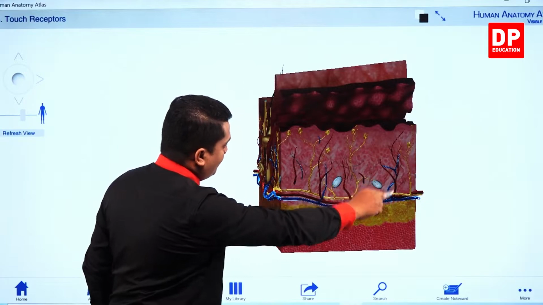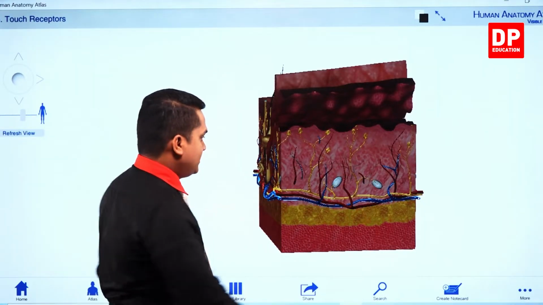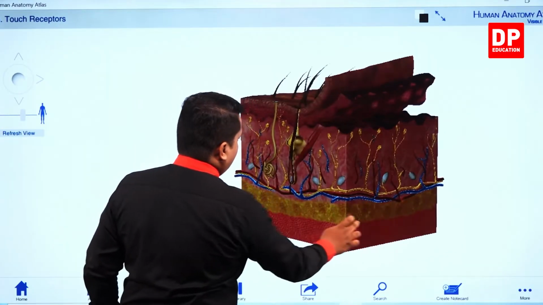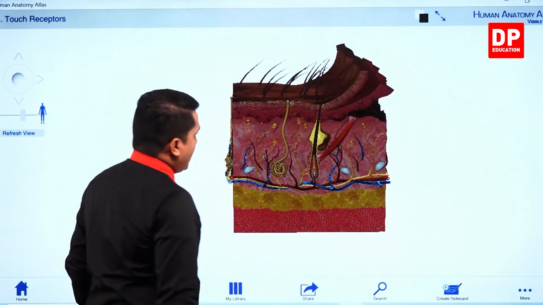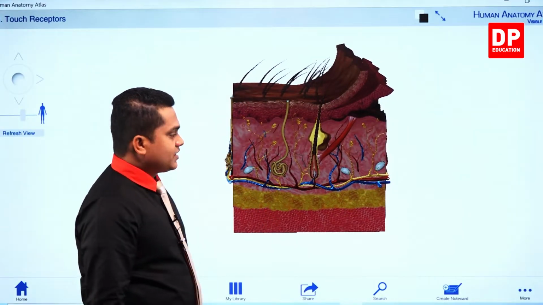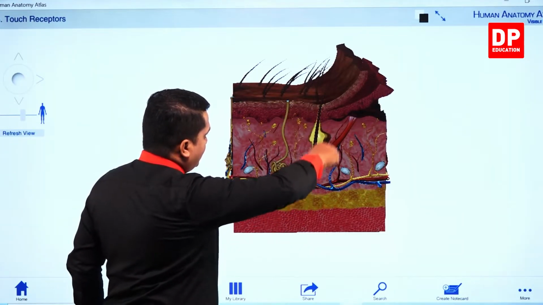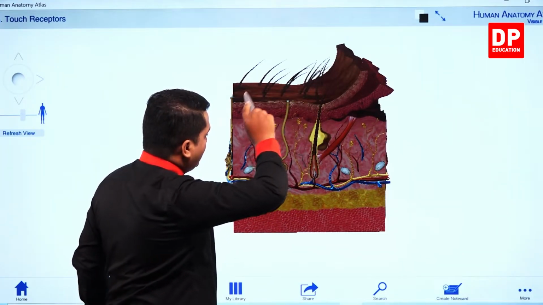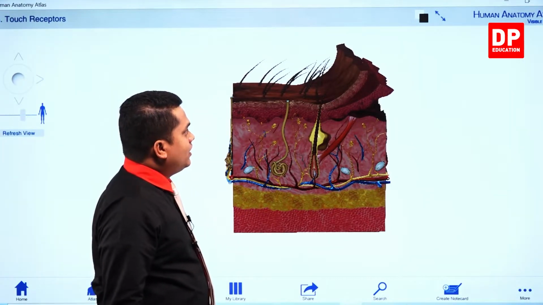See, blood capillaries. Then after that you can observe the sebaceous glands. I'm going to turn this one here so that you can observe the hair follicles and sweat glands and the sebaceous glands. Here you can observe hair follicles, then sweat glands plus the sebaceous glands here and there, right?